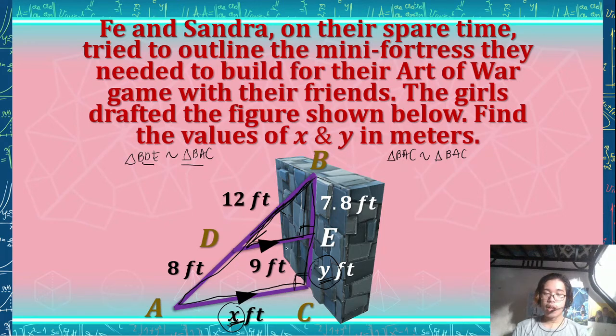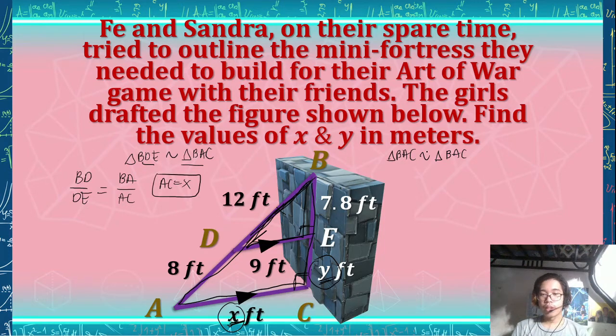You can see both triangles having 90 degrees. So therefore for BDE, we can say that BD over DE should be equal to BA over AC, where AC is equal to x.